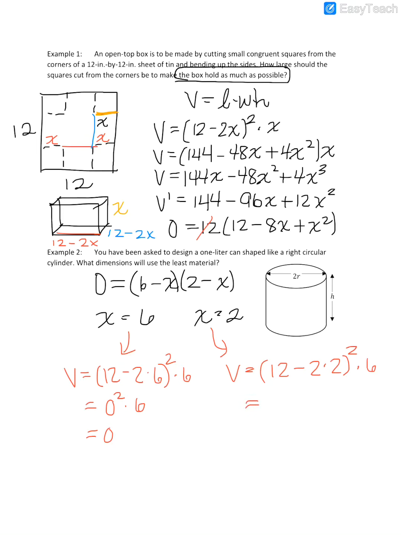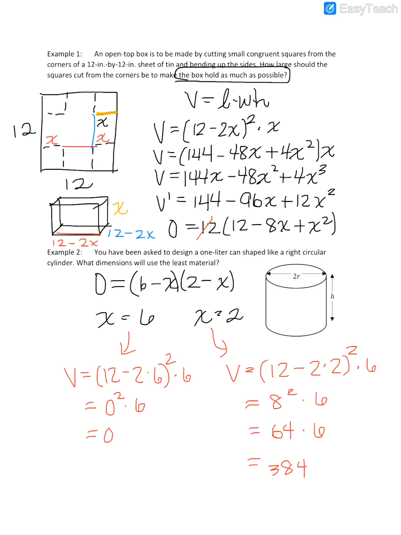Okay, so 12 minus 4 is 8. That's 64 times 6, 384. Okay, so that's definitely going to be the maximum. So I'm going to go ahead and write down my final answer.